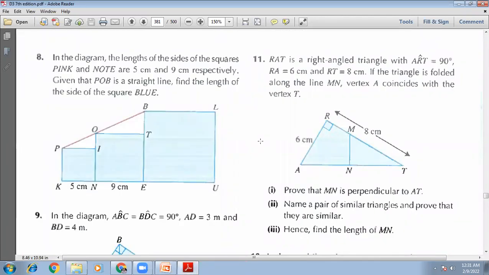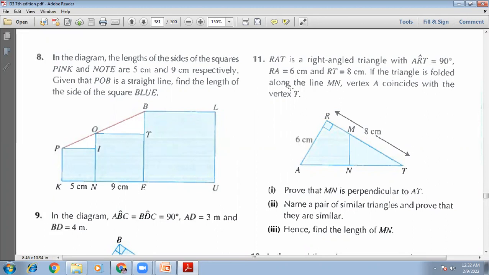Question number 11 is coming up on your screen. It says RAT is a right angled triangle, with angle ART equal to 90. This angle is 90. RA equals 6 centimeters, this side is 6 centimeters, and RT, this side, is 8 centimeters.